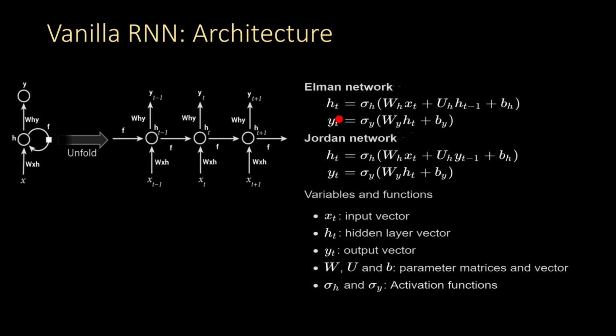In the Elman network, you have h_t to be the result of a nonlinearity, an activation function, applied to the summation of the terms here, which are the input weight matrix being applied to the input vector, plus the transition matrix being applied to the previous time step's hidden representation, or the hidden state, and then a bias.